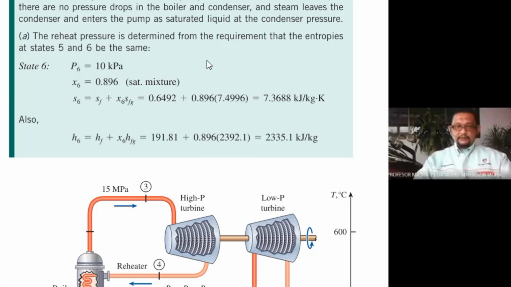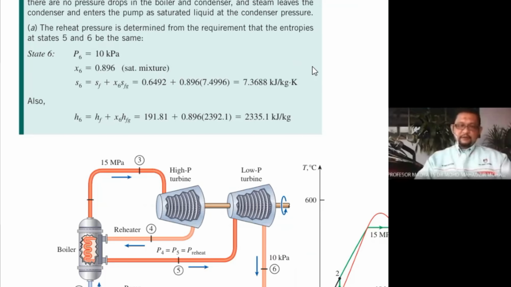So at state number 6, we know that the pressure is 10 kilopascal because it has been given in the question. And the quality is 0.896, because the question mentions that the moisture content must not exceed 10.4%.